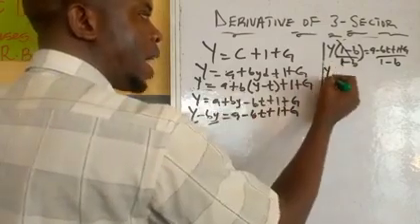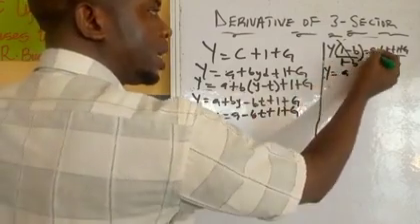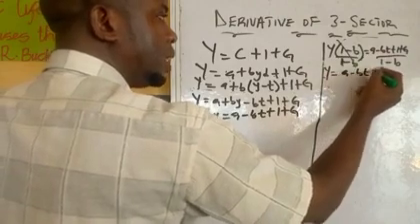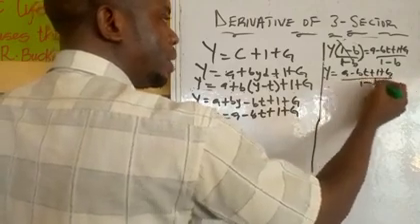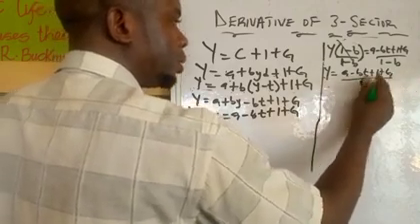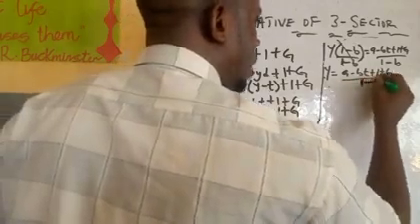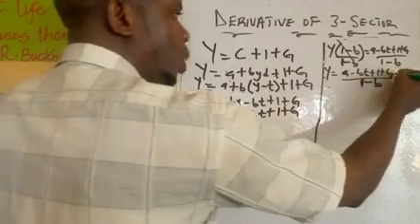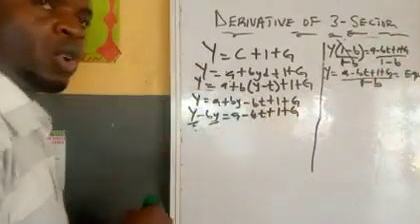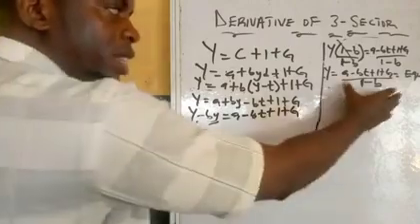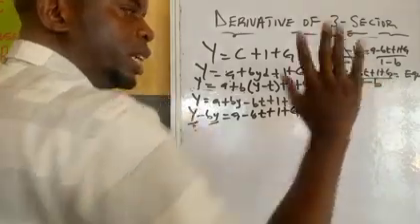I'll just have Y equals a minus bt plus I plus g over 1 minus b. So this is the equilibrium point. Easy. So if you are given a question now, you have to find the equilibrium. With this, you just insert the values given to you, you get your equilibrium.